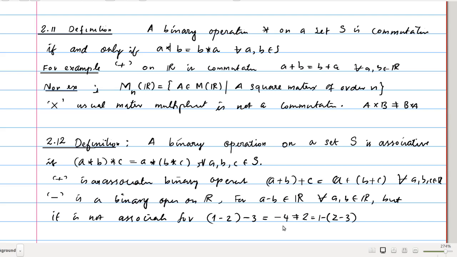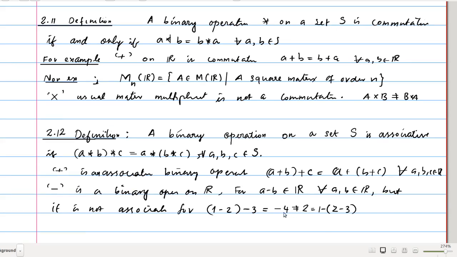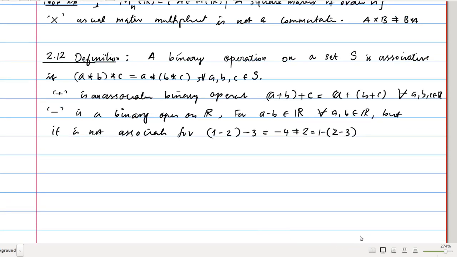So this is a non-example for associativity. We can consider the addition as an example and this as a non-example. Nevertheless, these are all binary operations on the set R, real numbers.